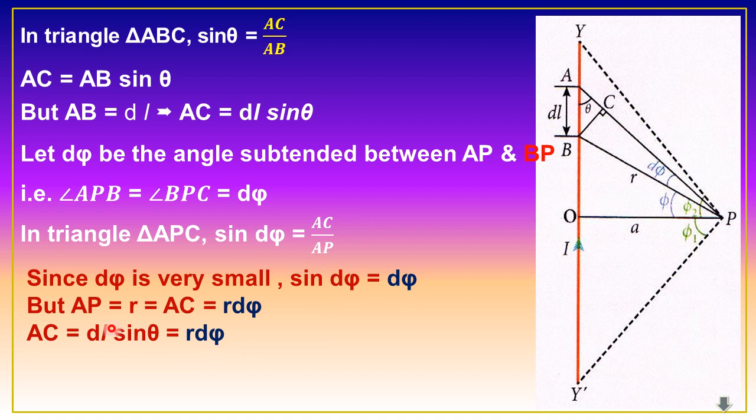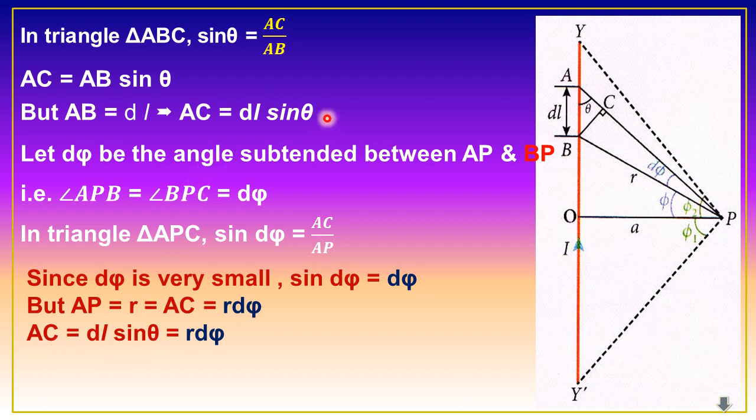So AP sin d phi is equal to AC, and instead of AP we put R. Therefore AC is equal to R into d phi. The value of AC is equal to R d phi.